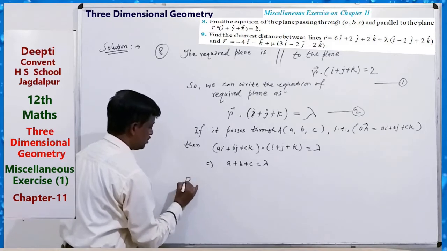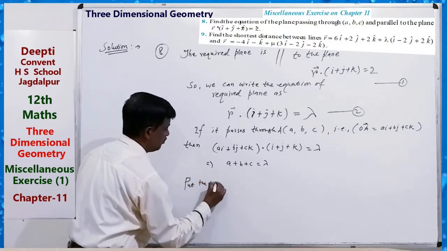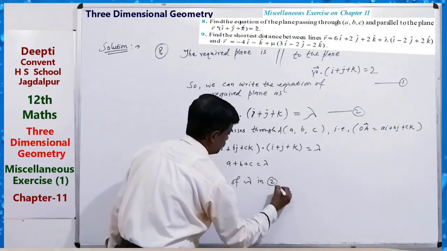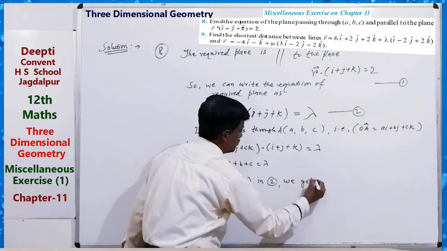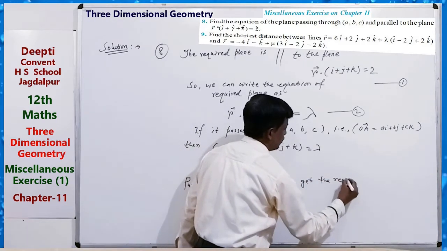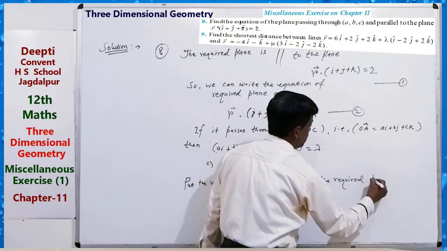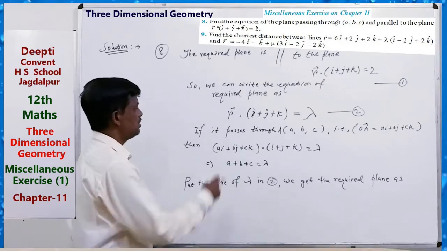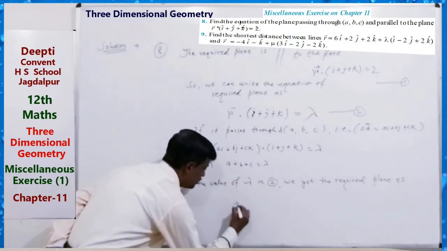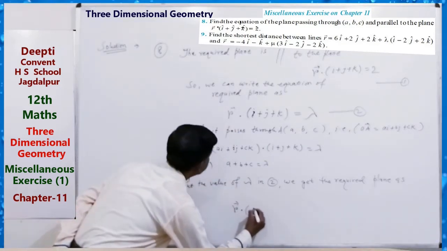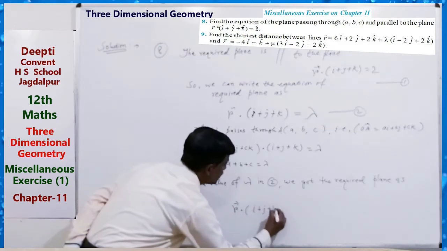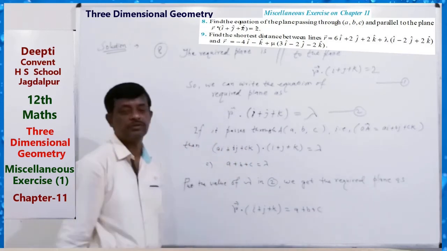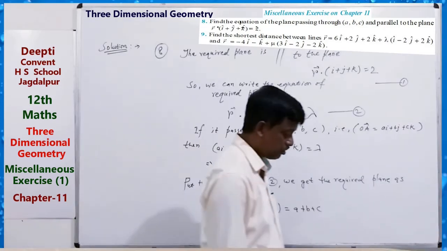Put the value of lambda in equation 2. We get the required plane as, just put the value of lambda here, r dot i plus j plus k equals a plus b plus c. This is the vector equation of our required plane.